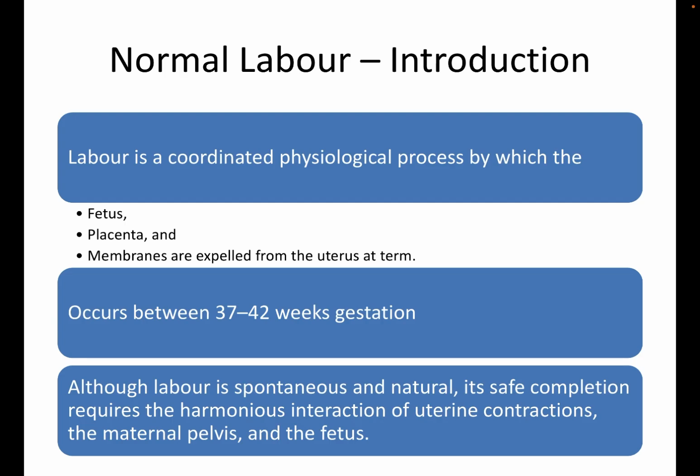So labor is a coordinated physiological process by which a fetus, placenta and membranes are expelled from the uterus at term. It occurs between 37 to 42 weeks of gestation. Although labor is spontaneous and natural, its safe completion requires the harmonious interaction of uterine contractions, maternal pelvis, and the fetus.